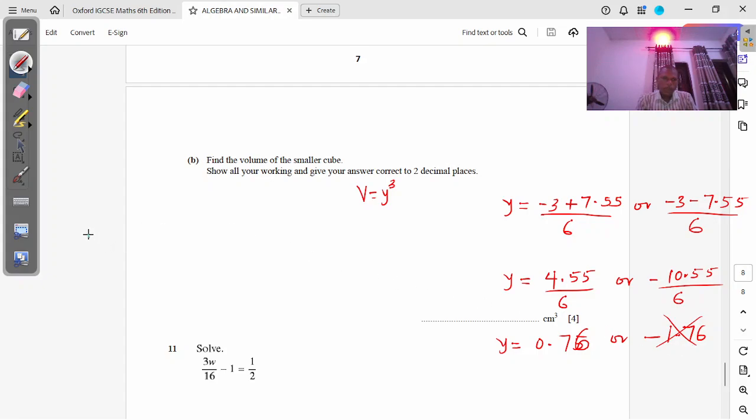So now the volume of the smaller cube is y cube. The value of y I'm using is this, so I'm going to cube 0.76, so 0.76 to the power of 3.